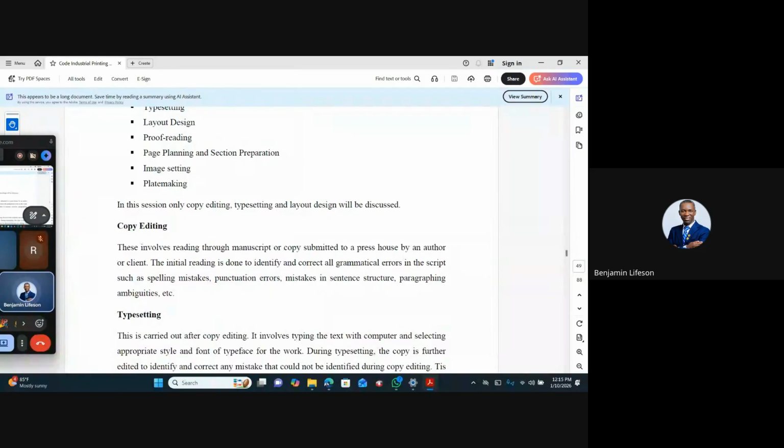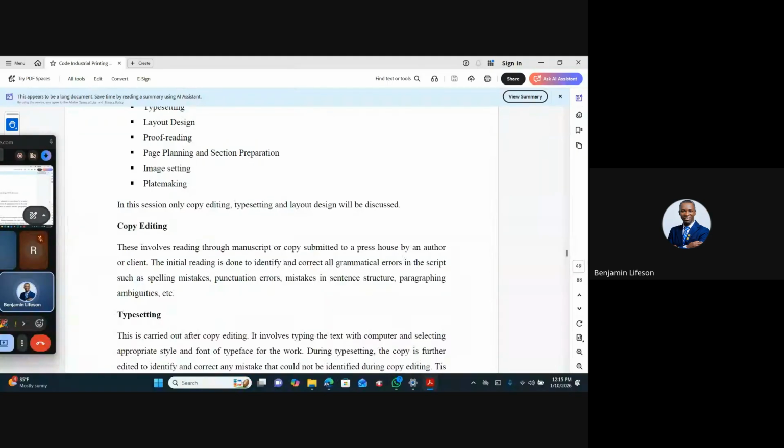So for instance, if you are doing a poster for the general public, you should know you are dealing with the general public. Of course, in the general public, we have children, we have adults, we have literate, we have illiterate. So which should be the tone so that it will satisfy the general public? So you, the copy editor, must look at whether the facts, the names, and the numbers are accurate. Then whether the formatting is consistent.